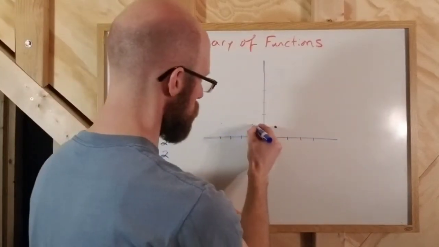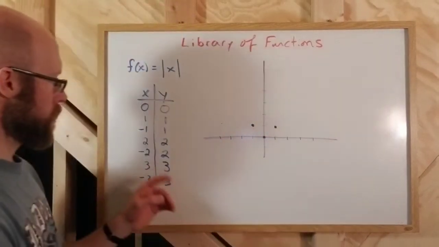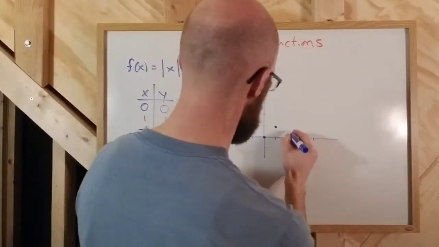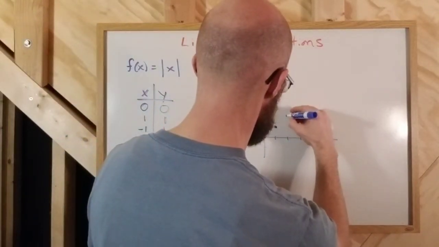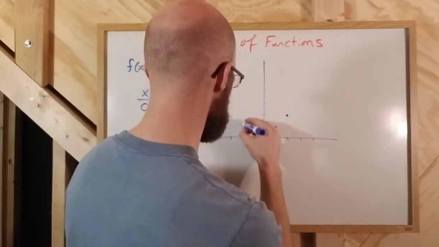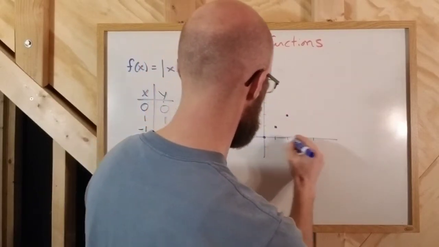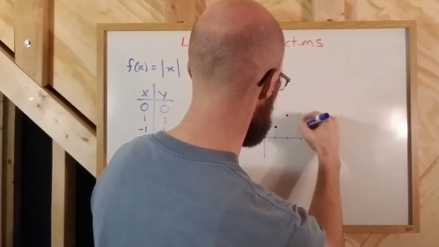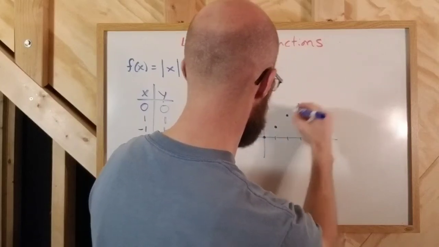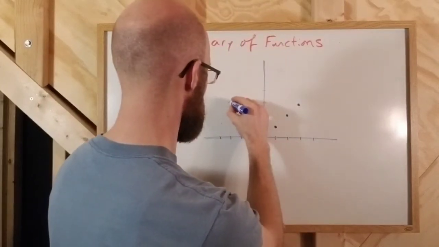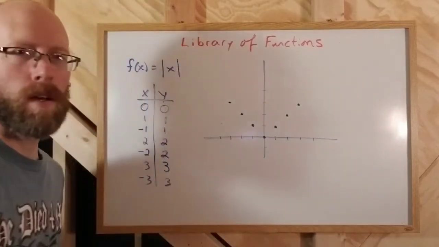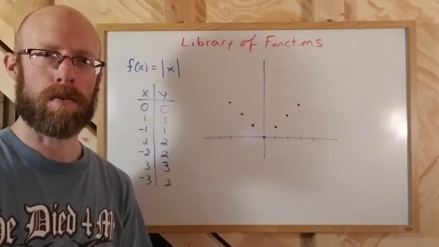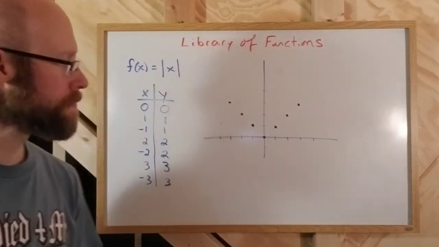So back 1, up 1. And then 2, 2. So over 2, up 2. And then -2, 2. And then 3, 3. And then -3, 3. Okay, so those are the 7 points that I just wrote up.